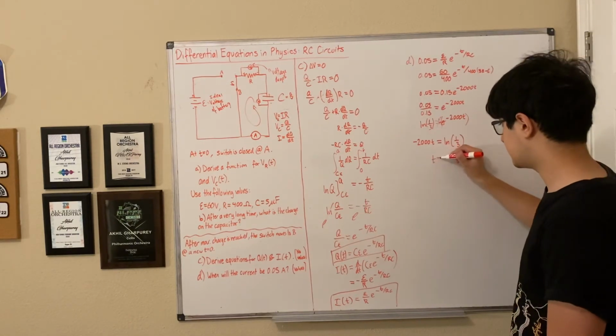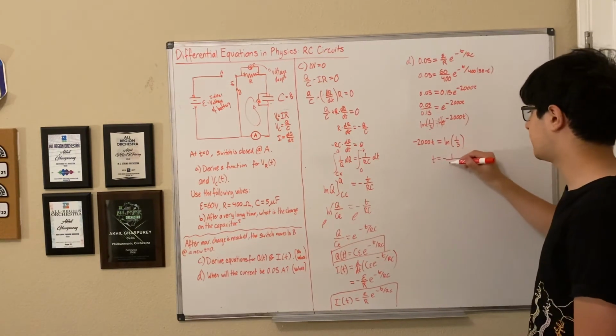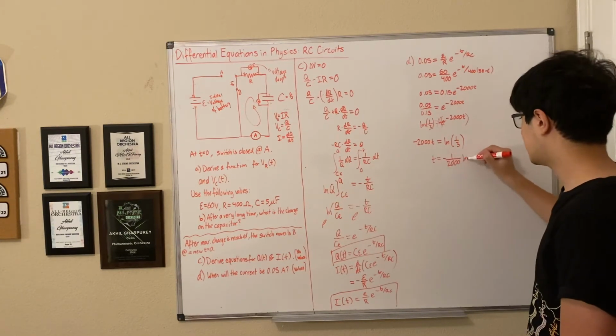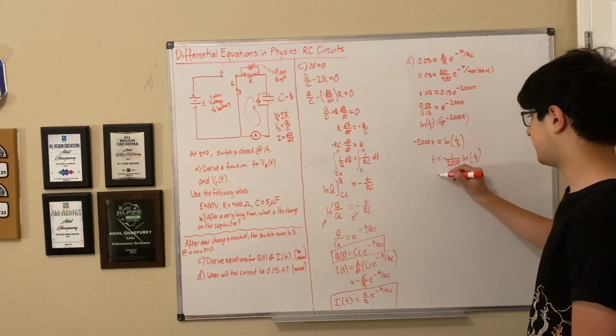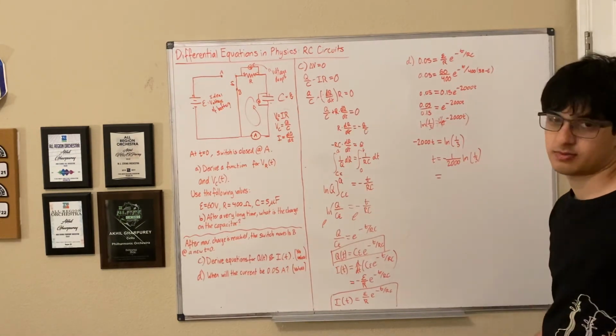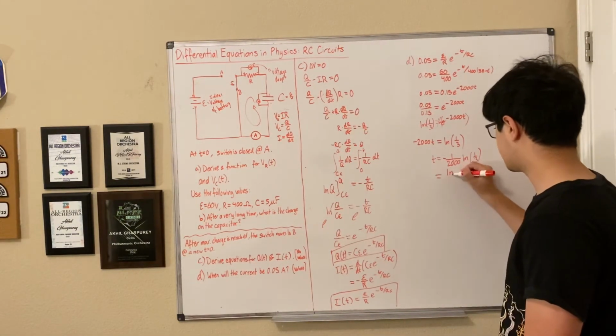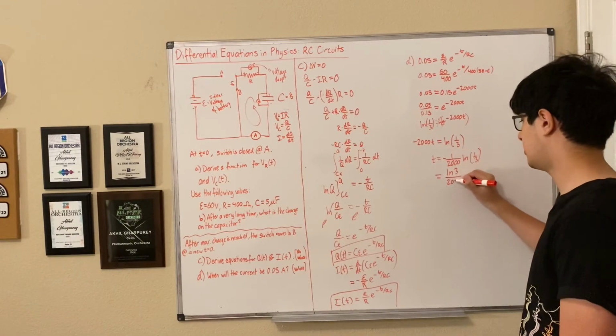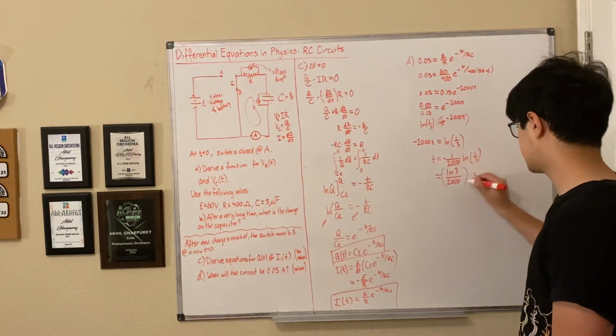So as a result, t is equal to negative 1 over 2000 ln 1/3. And using the logarithmic property, this is also equal to ln 3 over 2000 seconds.